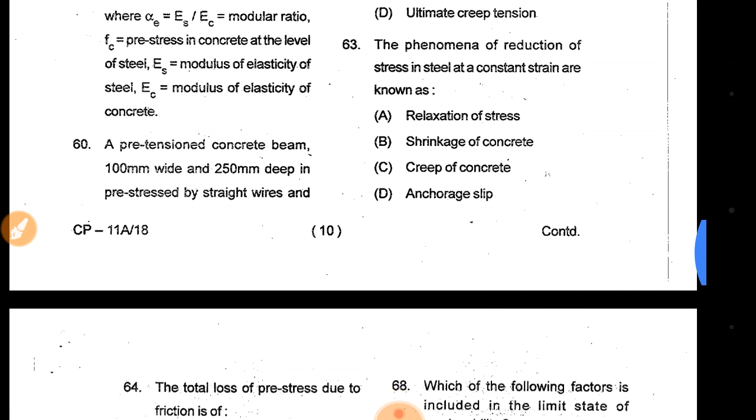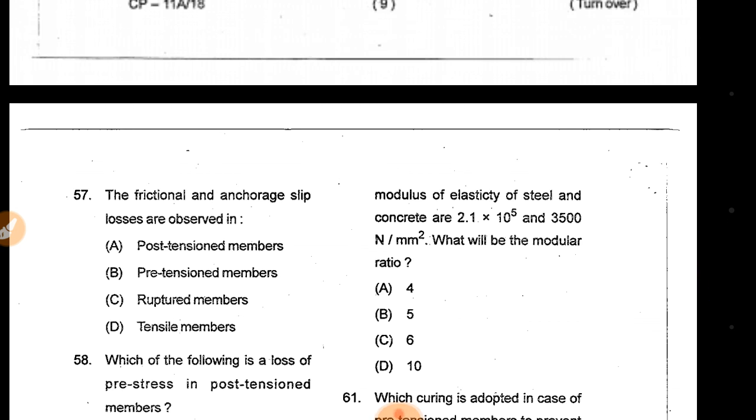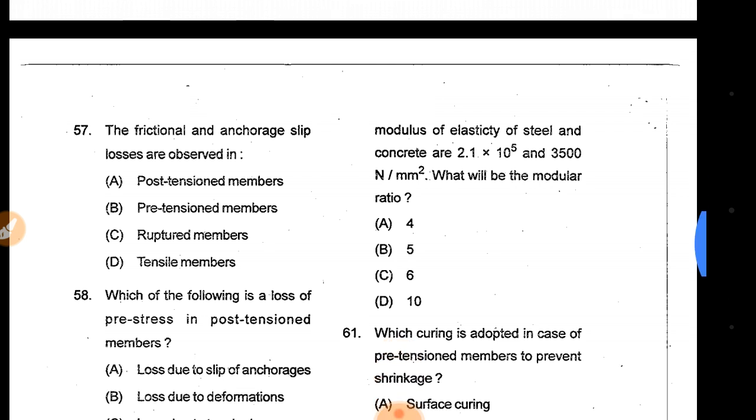Question number 60. A pre-tensioned concrete beam 100 mm wide and 250 mm deep is pre-stressed by straight wires. The modulus of elasticity of steel and concrete are 2.1 × 10^5 and 3500 Newton per mm square. What will be the modular ratio?